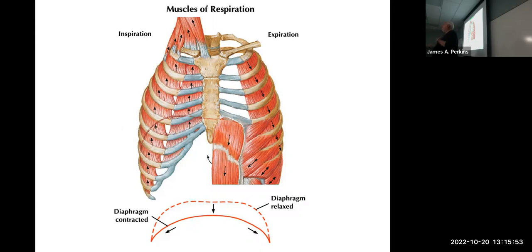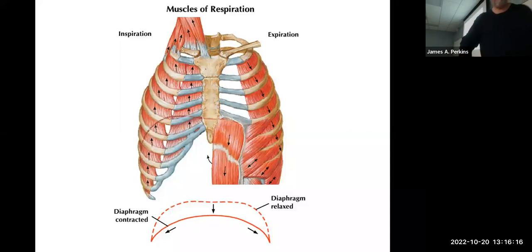So you can pull up on the thoracic cavity with sternocleidomastoid, and then the scalenes insert directly on ribs 1 and 2. So they're going to lift up on the upper part of the rib cage. And then the external intercostals will pull the lower ribs up towards the upper ones. And that's actually going to expand the volume of the rib cage. And I have some pictures I'll show you in a minute that help to explain that.